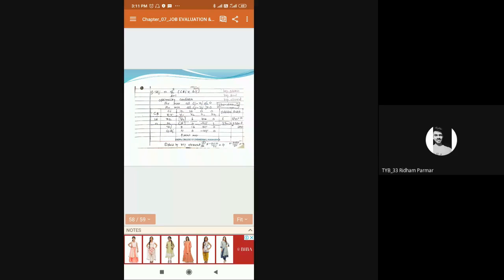So here 10 divided by 20, how much? 1 by 2. Then 20 divided by 20, how much? 1. 1 divided by 20, 1 by 20. After that, 0. And 120 divided by 20, that is 6. So this is our first row.